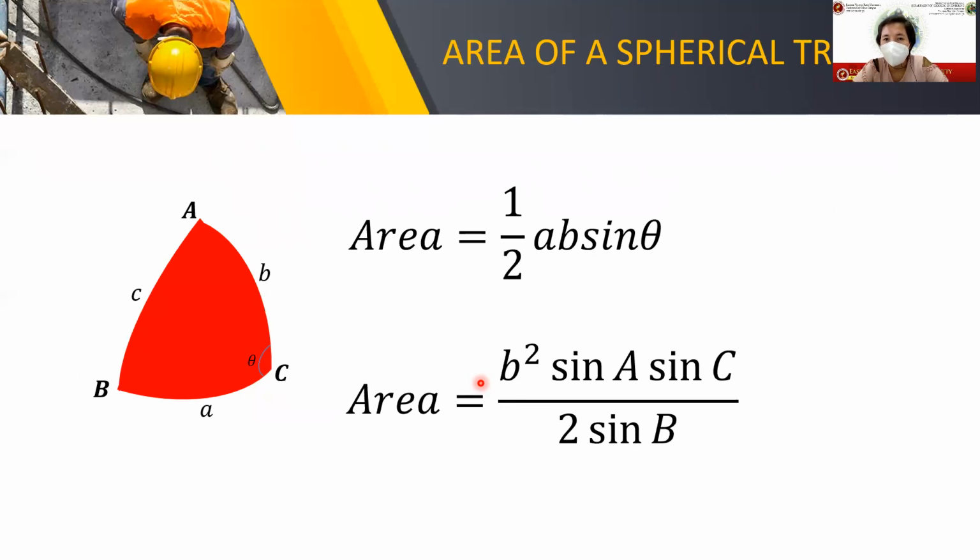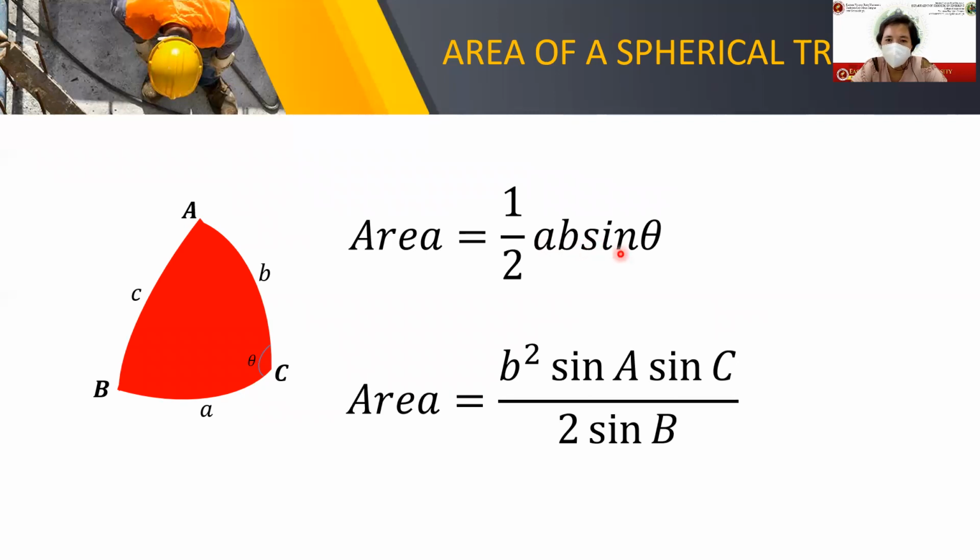So take note of the following formula, which is for computing the area of a spherical triangle. Area is equal to 1/2. For the plane triangle, we compute the area as 1/2 base times height. Since we don't have the base and the height for the spherical triangle, we only have the latitude.